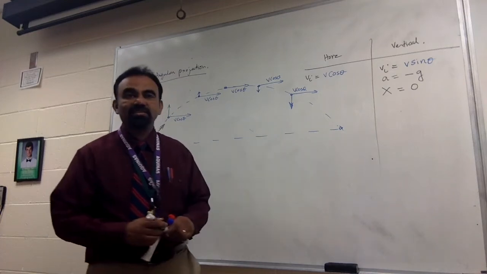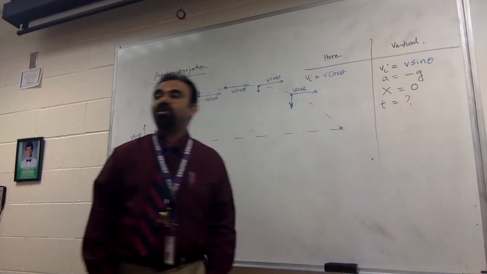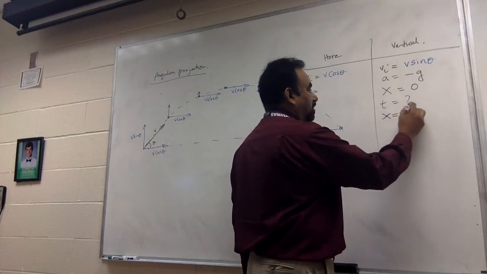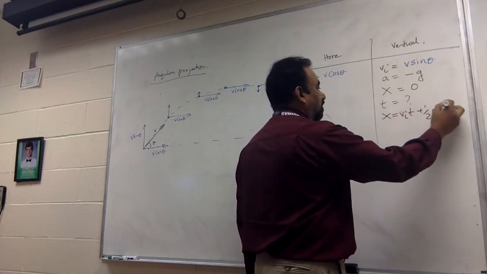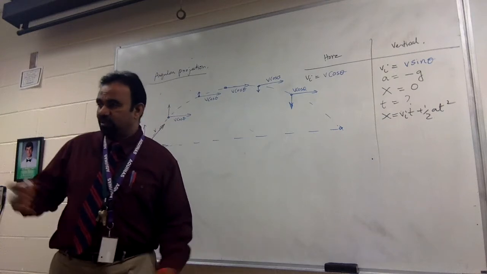So we have 3 things. Can you find the time? What equation? Yeah, x is equal to v_i t plus half a t squared. Now I'm working everything algebraically, so don't get confused about it.